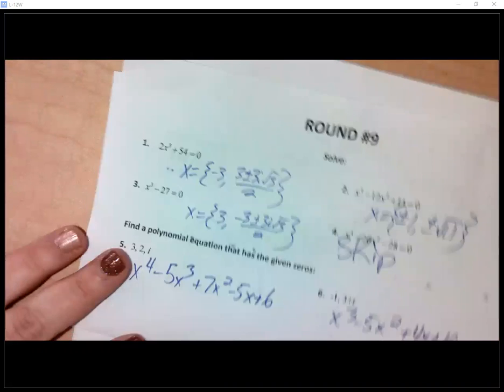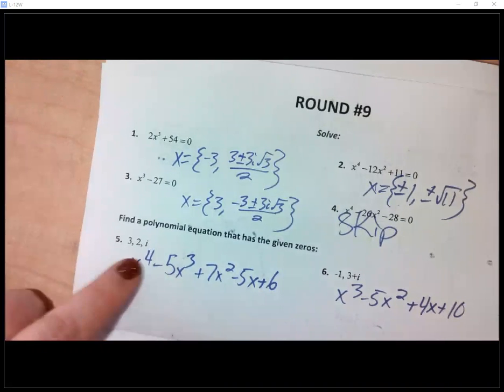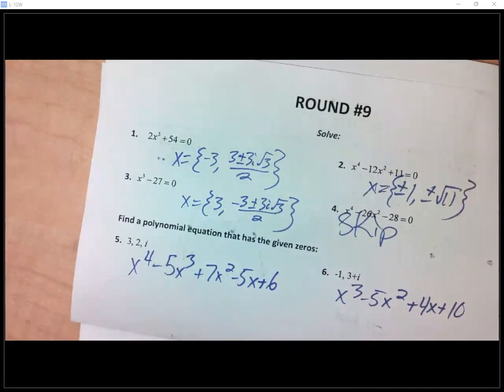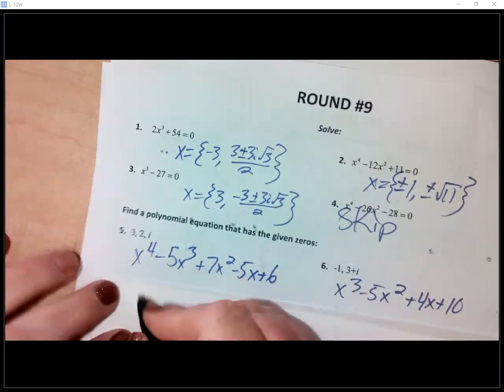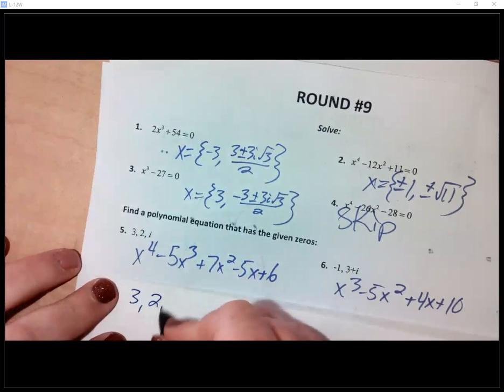So I have 3, 2, and i. Are there any other zeros that I actually have that just aren't here? Negative i. Yes, negative i is also a root, even though they didn't tell you. You need to know. So my answers are actually going to be 3, 2, i, and negative i.